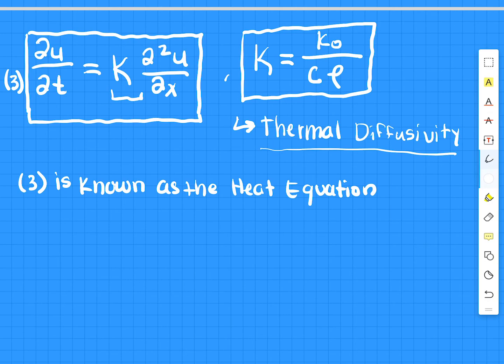What it describes is how the heat energy spreads out physically throughout the rod, and the technical term for that is diffusion.